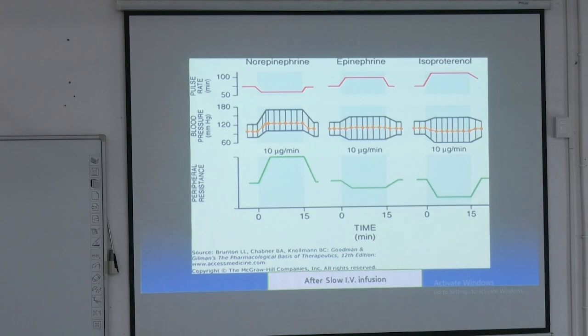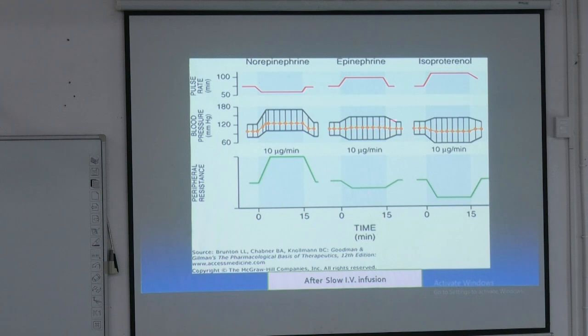You can see here these are the three drugs: epinephrine, norepinephrine and isoprenaline. In case of epinephrine, very high dose, you can see a high rise of blood pressure. Sorry, it is the slow IV infusion. First one is the pulse rate. You can see the blood pressure: diastolic pressure reduced, systolic pressure raised to some extent.